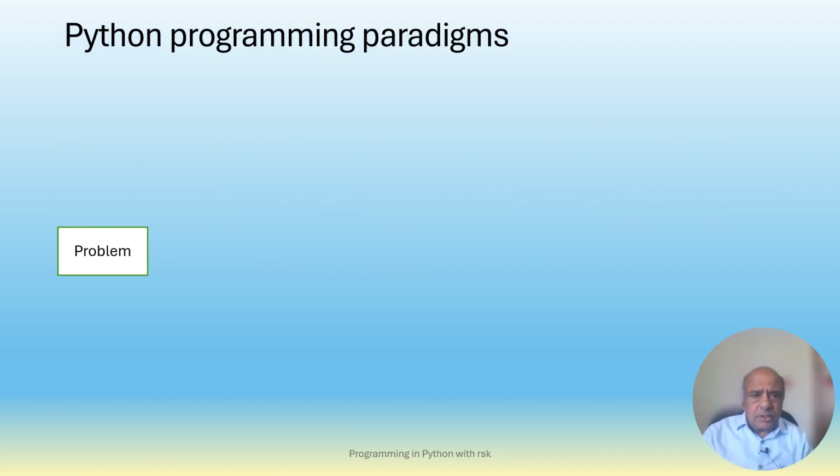Python can be developed in any paradigm. Python programs can be developed using any paradigms. When we create a program for solution to a problem, there is one way that is called procedural programming, which we are quite conversant with from C programs.